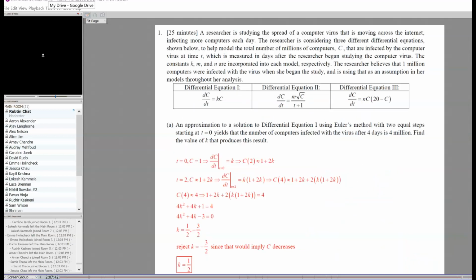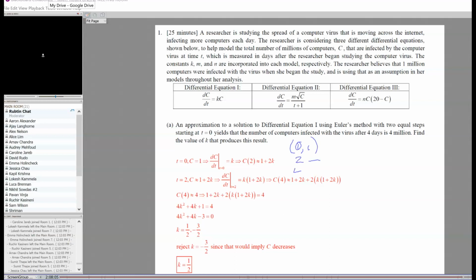Okay, so the first one, I saw a lot of really good work on this. This is Euler's method. What was funky to me is they were doing it all sideways. But this is your initial condition, (0, 1). And remember, the format for Euler is you start out with (0, 1). And you know it's going to be (2, blah).